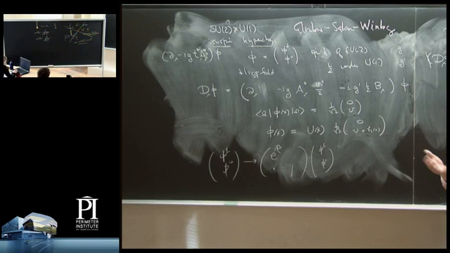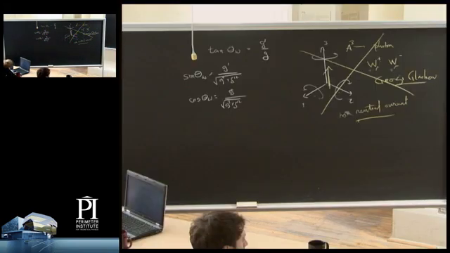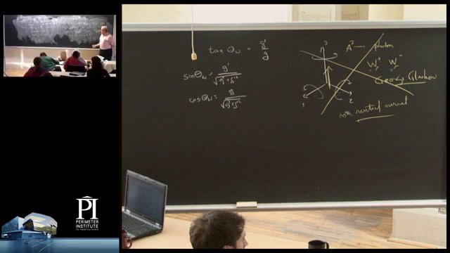So this angle is called the weak mixing angle, or theta w. So now what I'd like to do is to take the covariant derivative and work it out in terms of the physical mass eigenstate vector fields.